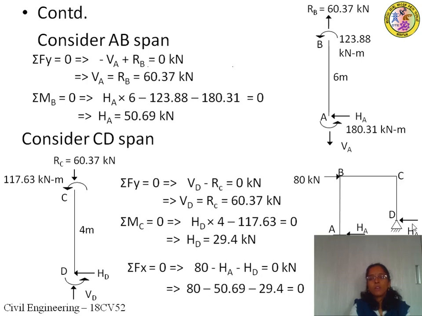Therefore whatever we have calculated is right. This is the cross check you can make. When you apply sigma Fx for the entire frame after calculating the final reactions, you should get 0. If you are not getting 0, then it is sure that you have made some mistakes somewhere in the problem, so you have to check it once again to rectify the error.